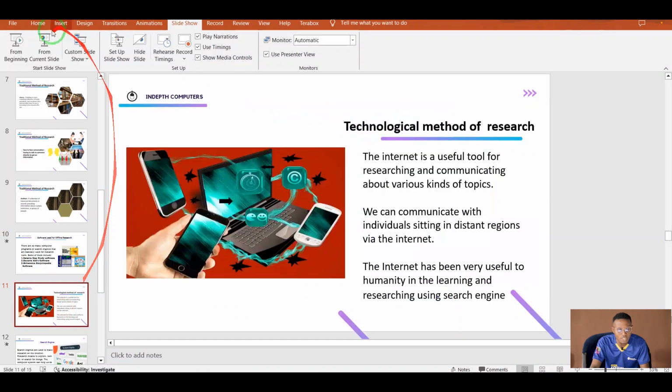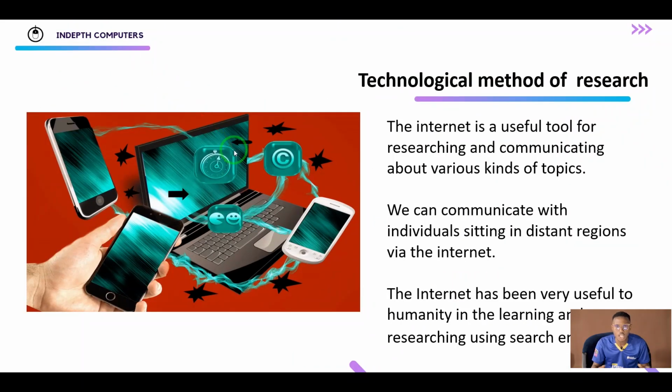So now let's look at the technological method of research. We are in a modern age where if you want to search for anything, information is at our fingertips. Let me first explain some things here for us to understand. The internet is a useful tool for researching and communicating about various kinds of topics.